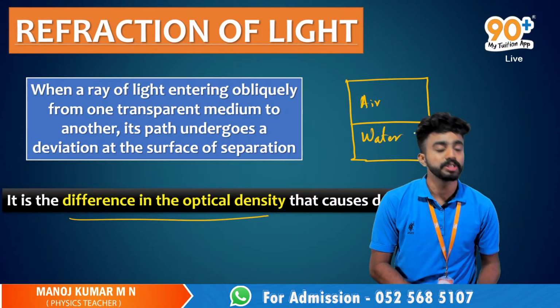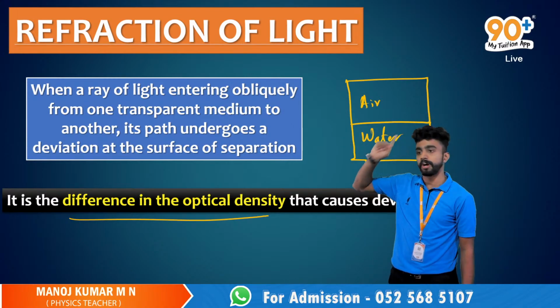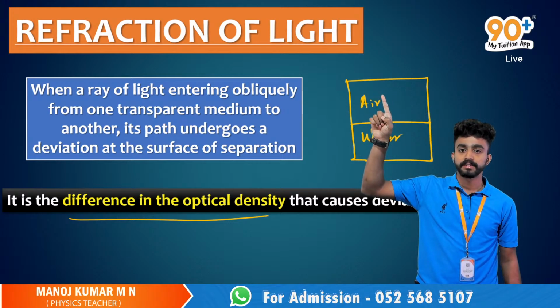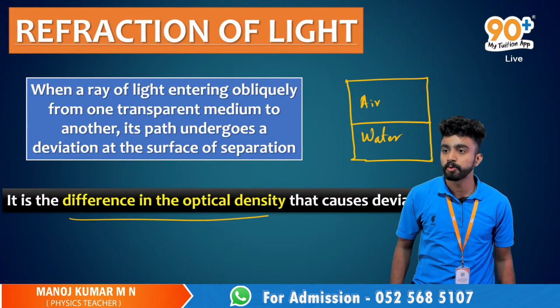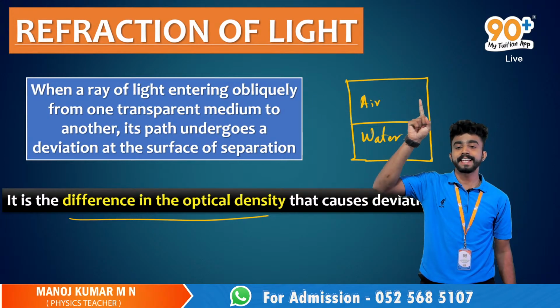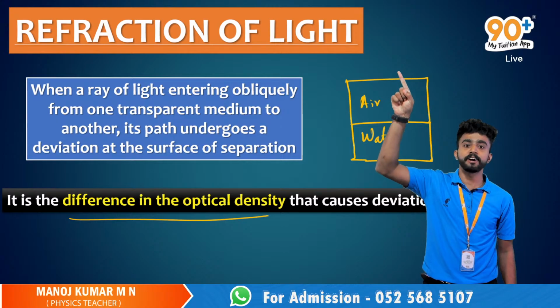Which one is more optically dense? Water is more optically dense compared to air, right? In air, it is less optically dense, so the speed of light will be greater.